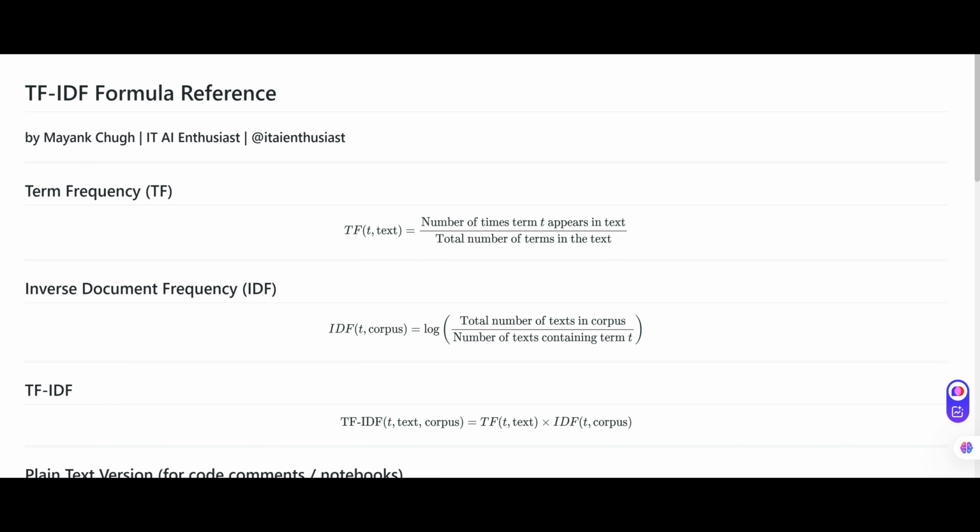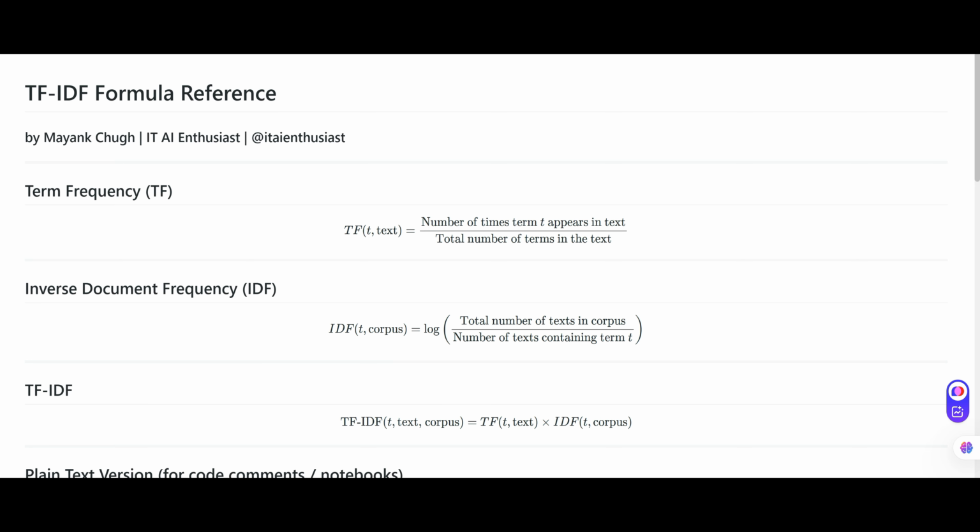It appears in almost every sentence. So the denominator, the number of documents containing "the", is very high. When you divide the total number of documents by a large number, you get something close to 1. Log of 1 is 0. So the word gets a near 0 IDF score.